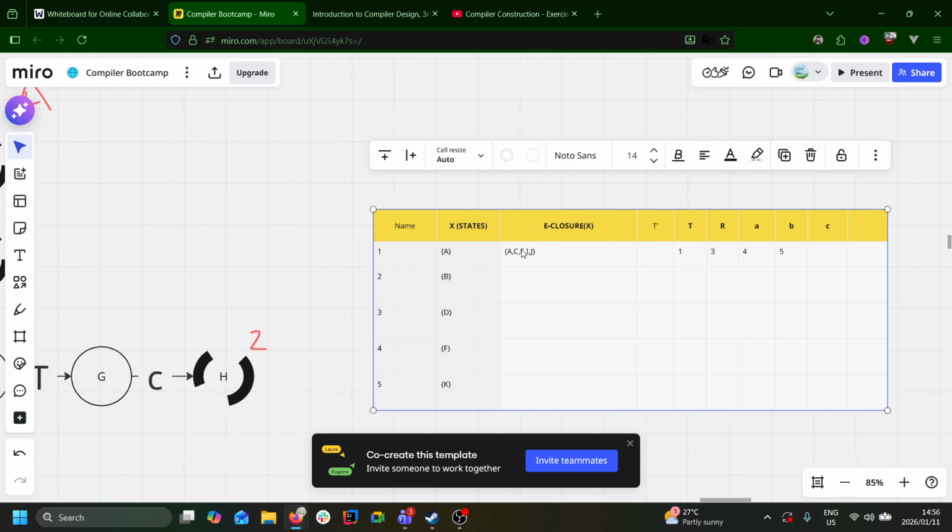The grouping just removes the non-determinism, and from here we just populate the states. You'll notice that we don't have an E closure here, and you'll see as we keep going.